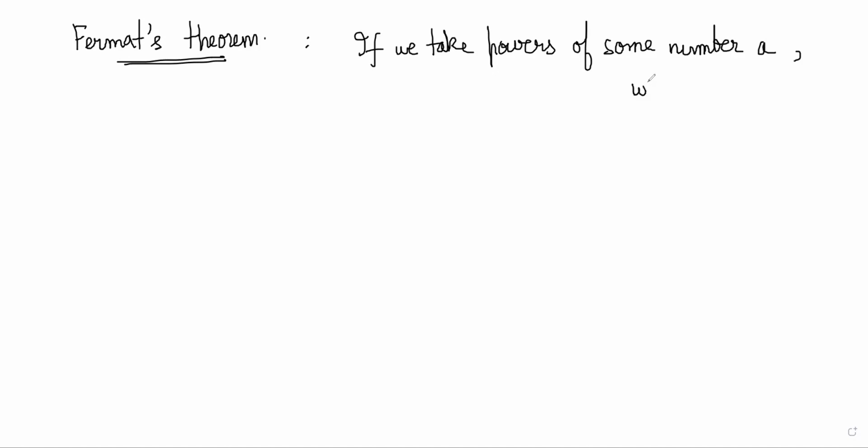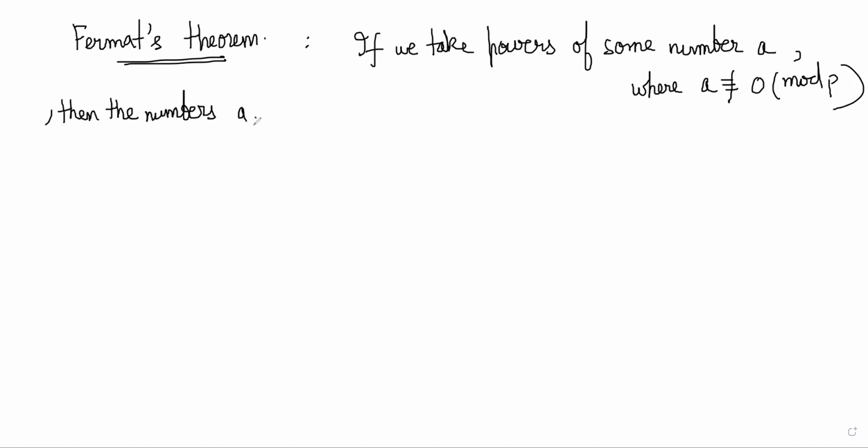where a is not congruent to 0 mod p, right? Then the numbers a, a squared, a cubed, and so on cannot all be different, if you are thinking of it in terms of modulo p.